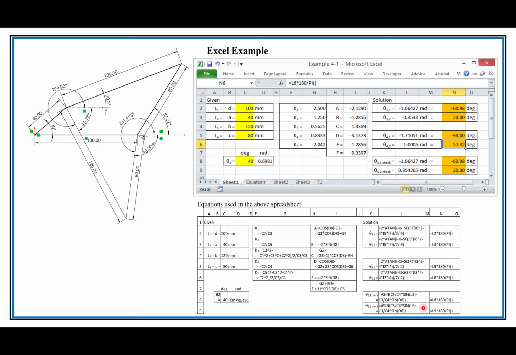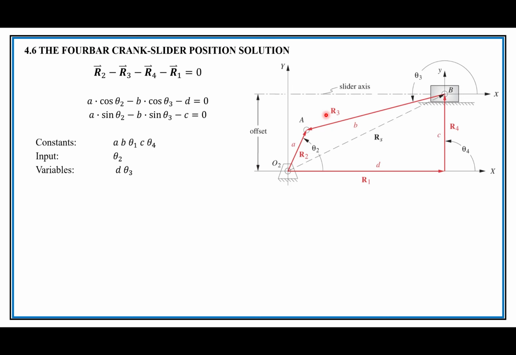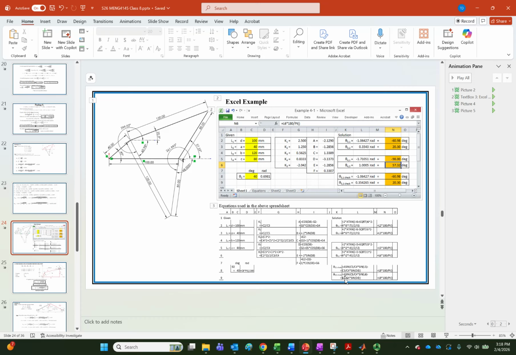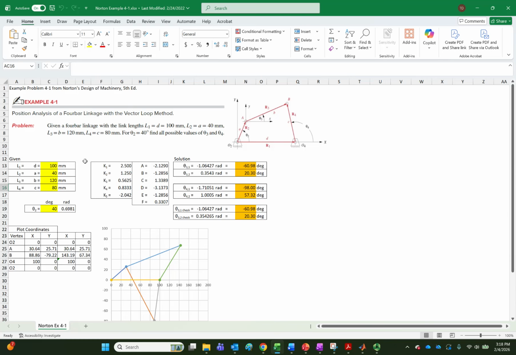Down here is where I show what the equations were in each of those cells, if you were perhaps interested in recreating this. But I give it to you, so you don't necessarily need to recreate it. All right, so by the way, here is the Excel that I gave you for the four bars.